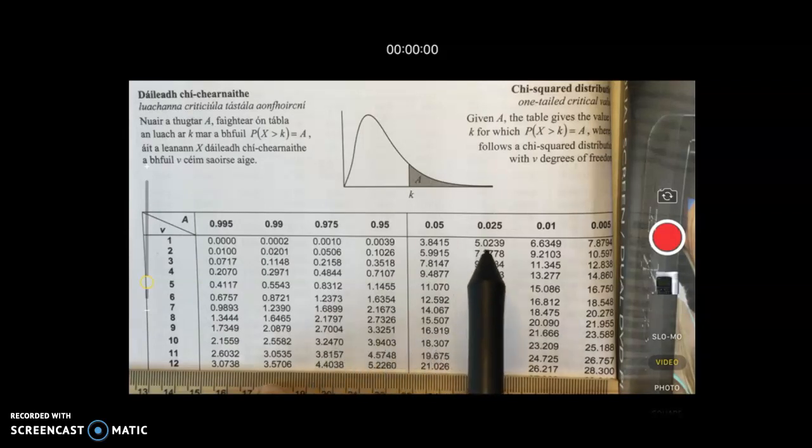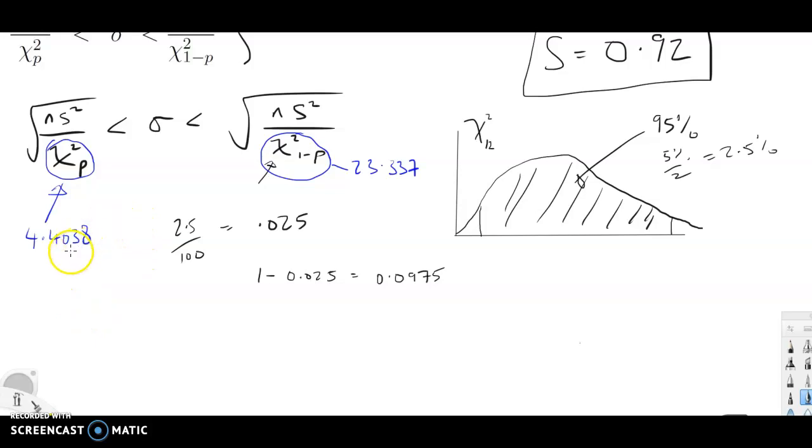Yeah, 0.025, we have 23.337. And that's where those chi-squared values go into the formula. 4.403 on this side and 23.337 there. So they correspond to this point here on our distribution, 4.403, and somewhere down here would be 23.337.